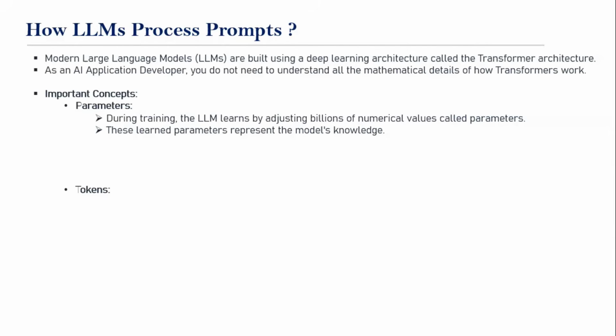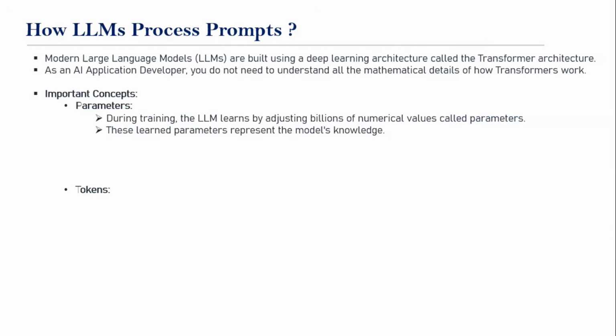But the child doesn't memorize every sentence they have ever read, right? Instead, they learn patterns that help them understand and generate language, right? In a similar way, LLM also acts. So simply, LLM stores what it has learned in billions of parameters. That's it. So simply remember that parameters represent the model's knowledge.